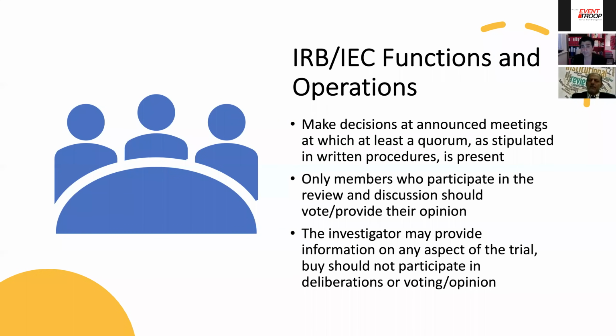So we have a group who will meet and discuss with a minimum number as stipulated in their written procedures. Now, very importantly, GCP states that only members who've participated in the review and discussion will vote and provide their opinion. That's very, very important. So only those who got together, discussed this, and made the decision would vote.